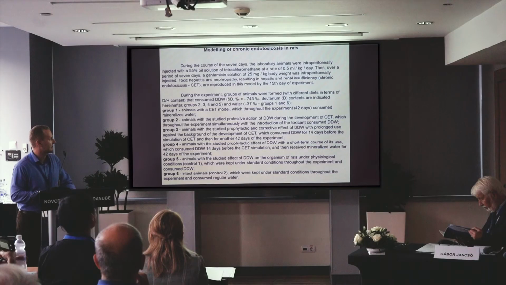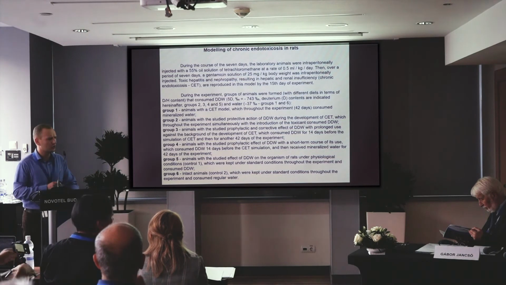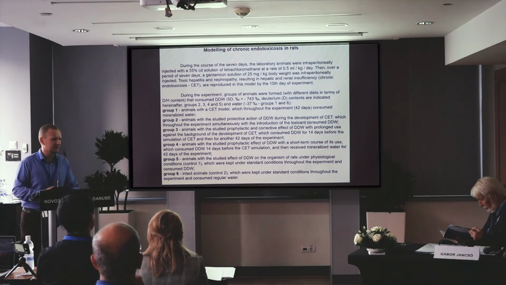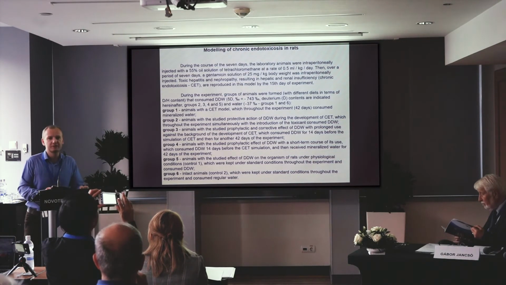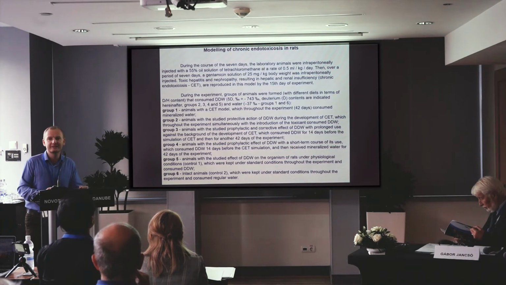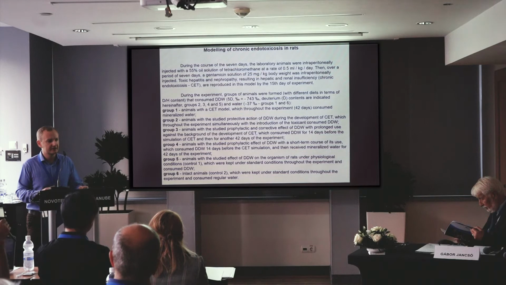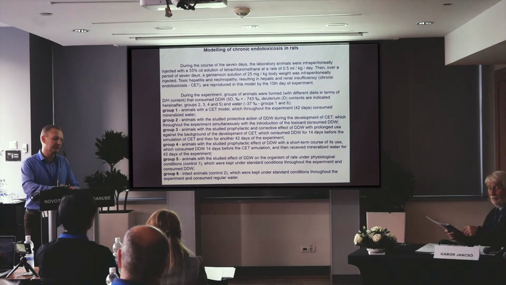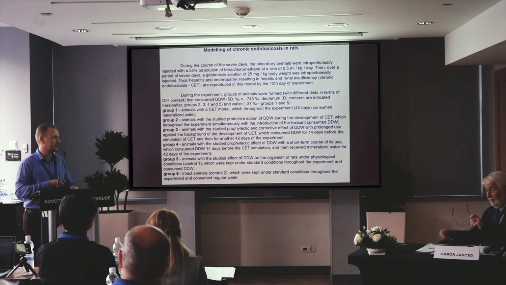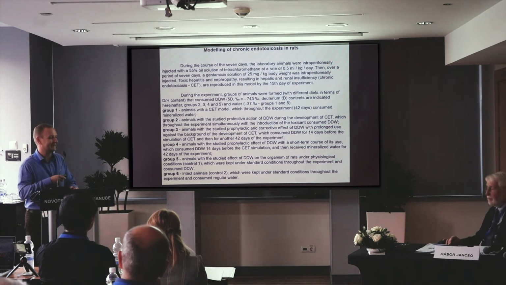The next one: the modeling of chronic endotoxicosis in rats. We have 6 groups. I will not stop on explaining every group. It's a 42-day experiment, but the interesting thing we could see is when rats started to drink deuterium-depleted water and they got the model of endotoxicosis.